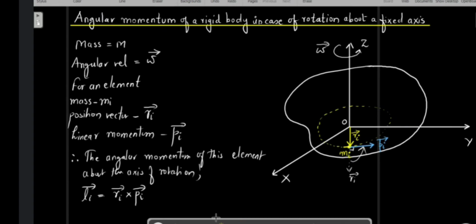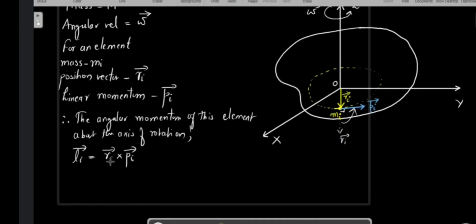So I can write the magnitude of Ri cross Pi as Ri Pi sine theta, where theta is the angle between Ri and Pi. But theta in this case is 90 degrees, so it is going to be Ri Pi, since sine of 90 is 1.